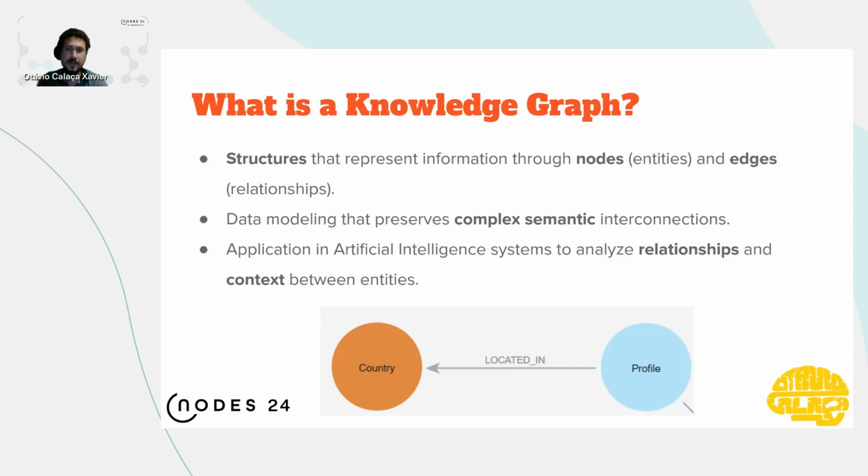So I would say knowledge graphs are one of the most dynamic and semantic ways to structure data. In artificial intelligence, we use them a lot to represent complex relationships, and when we need multiple hops, navigating the graph to get the answer to a question.